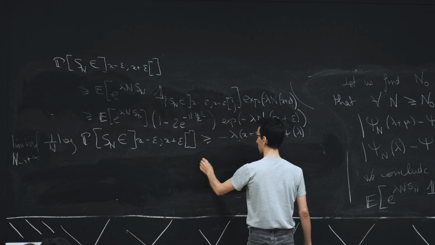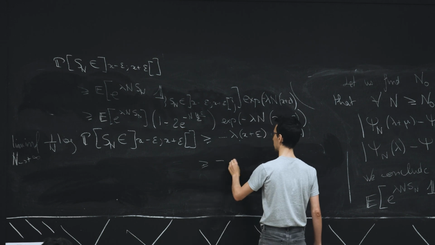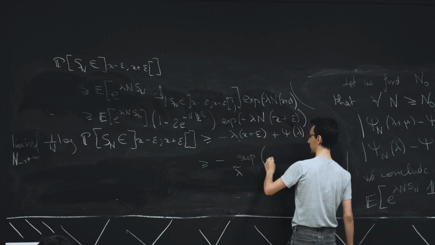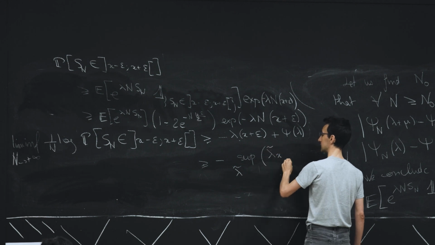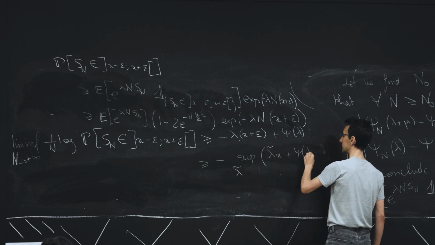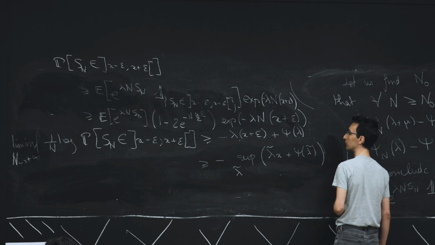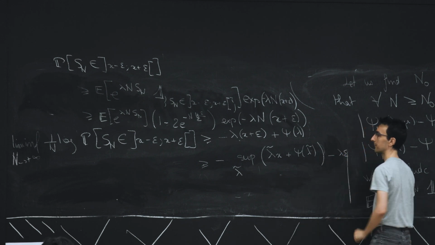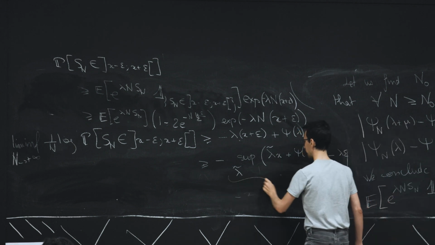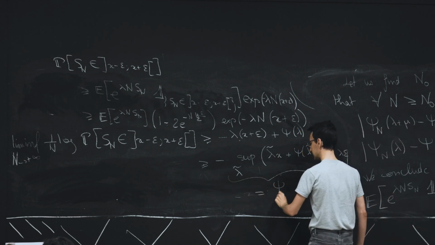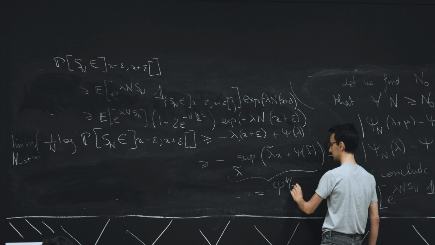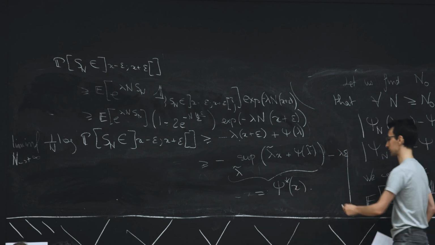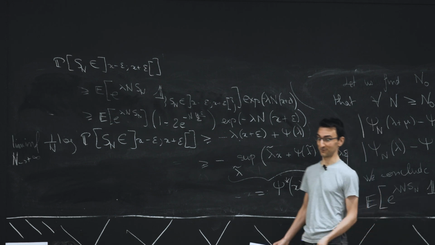So in particular, this is greater than minus the supremum over lambda tilde of lambda tilde x plus psi of lambda tilde, up to some epsilon, which is like this, minus lambda epsilon. And this is psi star of x. So we are happy. Okay, so this is the end of the proof, of the sketch of proof.